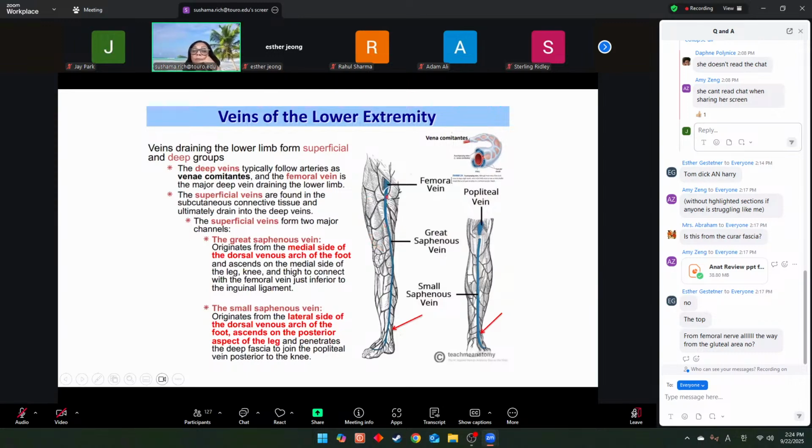You forget that the femoral nerve is supplying cutaneous sensation to a distal portion of your limb, which is the medial aspect of the leg. Don't forget about the saphenous nerve, which is a cutaneous nerve that is supplying the medial aspect of the leg, okay?